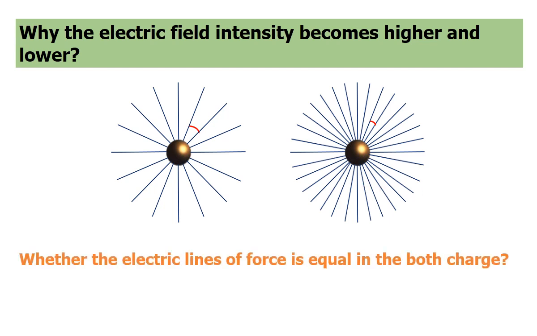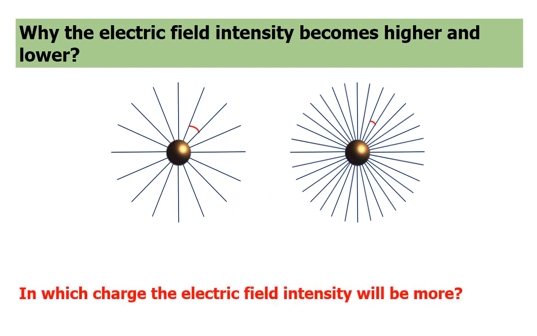Here is the question, whether the electric lines of force are equal in both charges. No, the electric lines of force in both charges are not equal. And another question is, in which charge the electric field intensity will be more? We must say in the second charge the electric field intensity will be more, because electric field intensity depends on the concentration of the electric line of force.